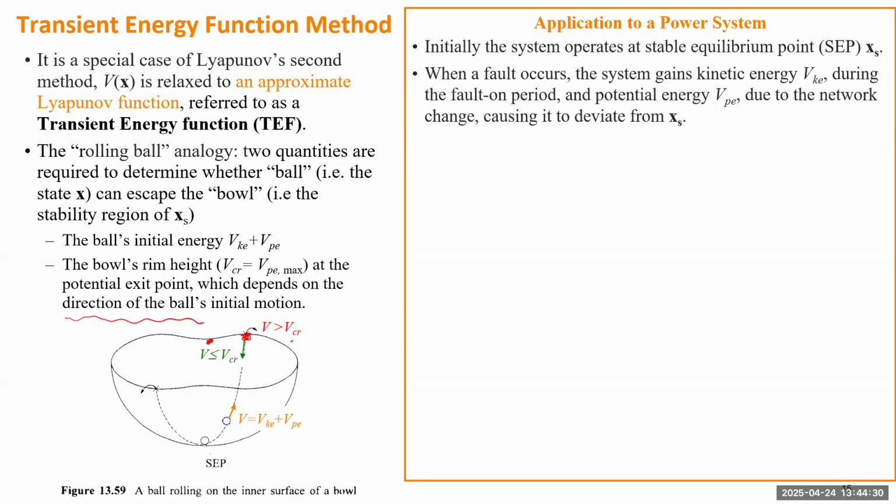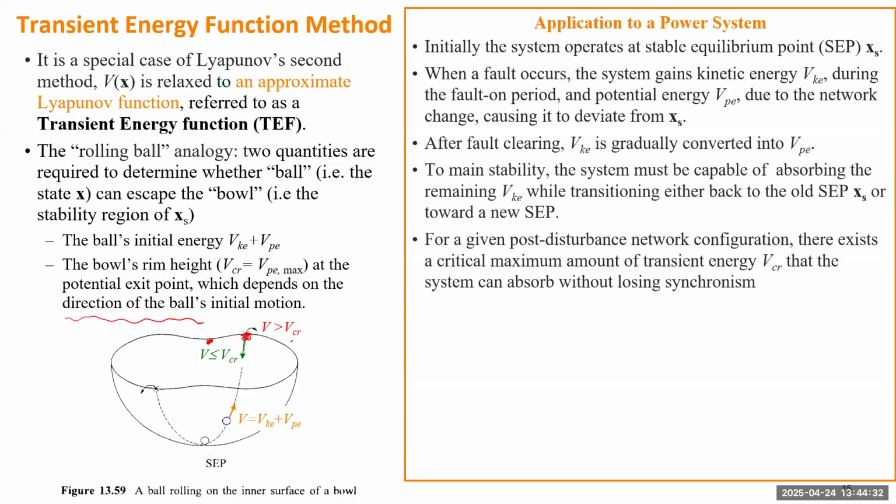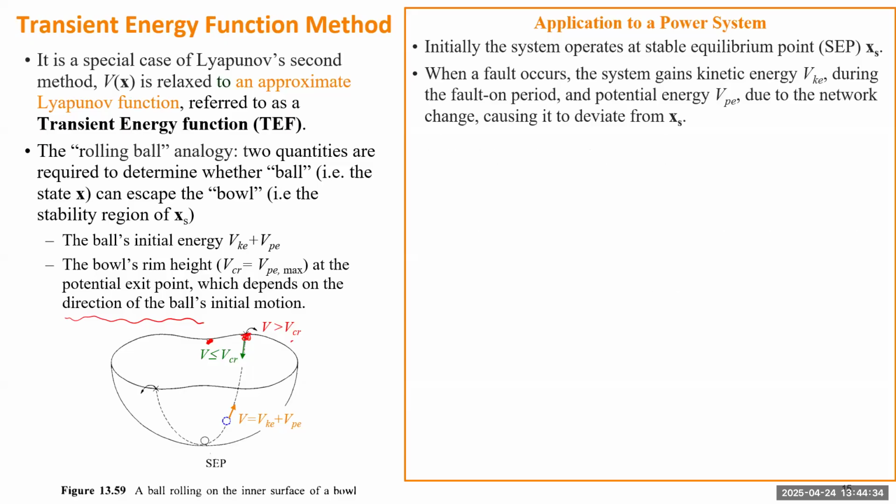What does this one mean? Okay, before I move on, it means at the beginning, before the fault, that's the location of this ball, and this ball stays at the bottom of that surface. But after you trip the line, which is like an earthquake, the structure of the network is somehow changed.